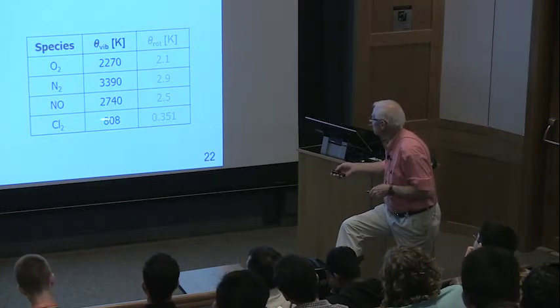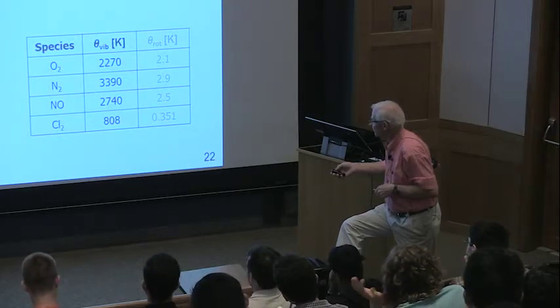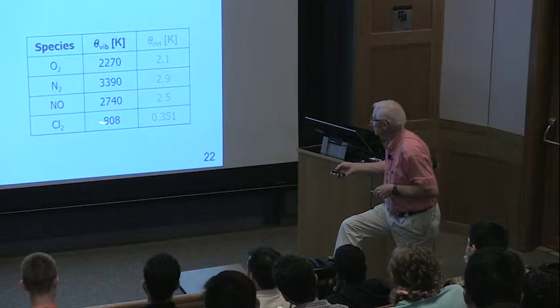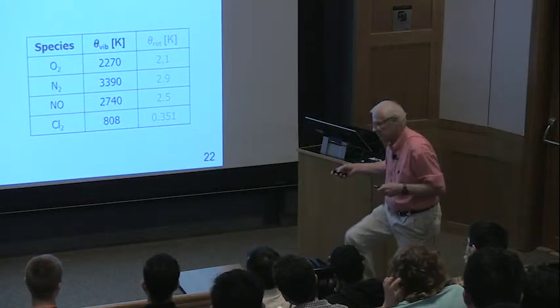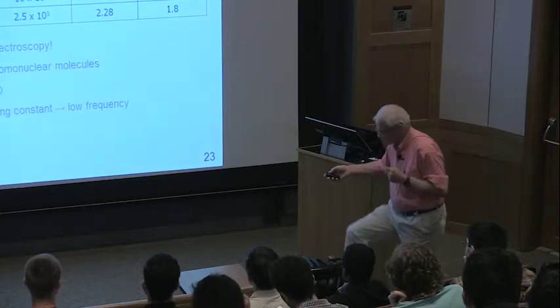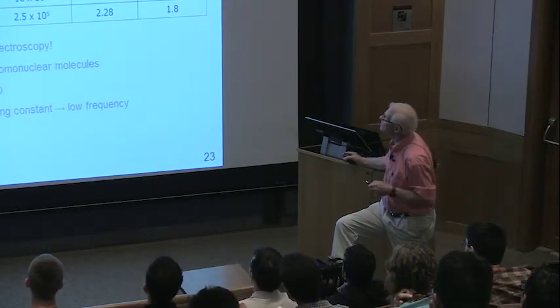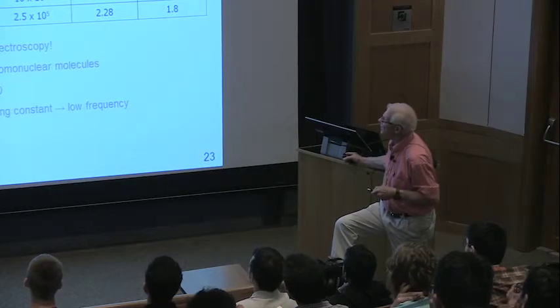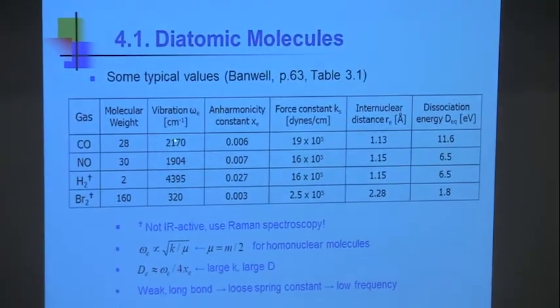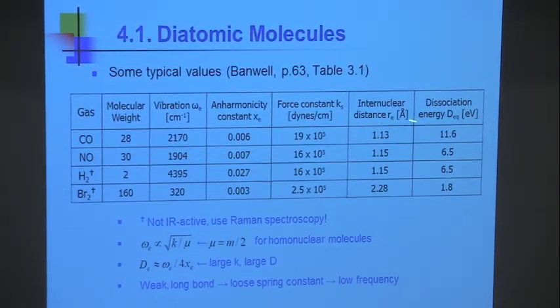Now here's our chlorine case. Remember, you had this small rotational energy because it's also got a small value of theta because it's a kind of a sloppy molecule. I think we might have more of that later. Here we are. Here's some typical values for some gases we might care about: molecular weight, vibrational frequencies, anharmonicities, constants, and so on.